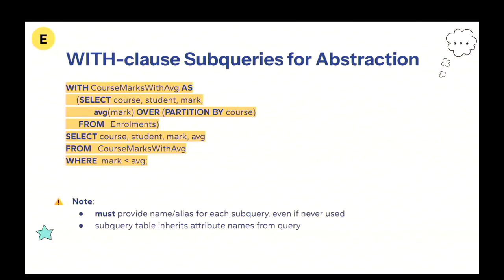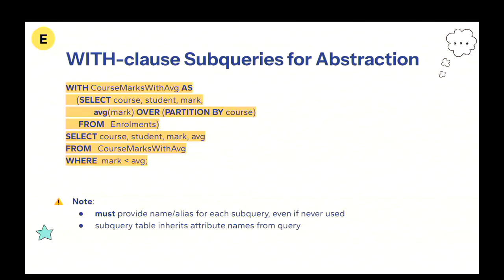The restrictions here are very similar to the from clause. It must provide a name or alias for each subquery, even if that alias is never used again in the query. That's one of the restrictions. And the other one here is that the names of the subquery inherit the attribute names from the parent or super query.